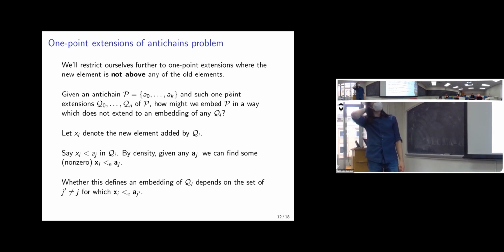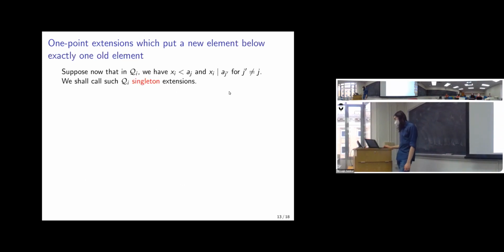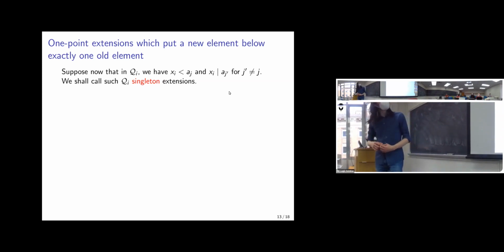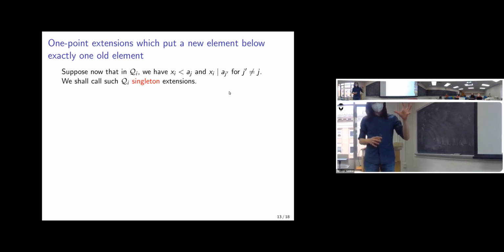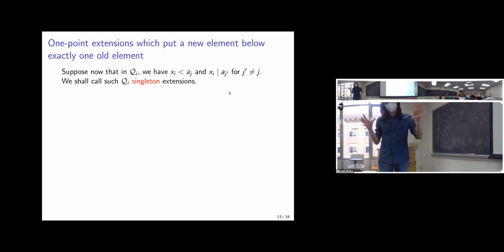Okay, now let's talk about some necessary conditions that we have. These are obtained by considering these special one-point extensions. They play a very important role in deciding whether we can actually extend, at least as far as we can tell.